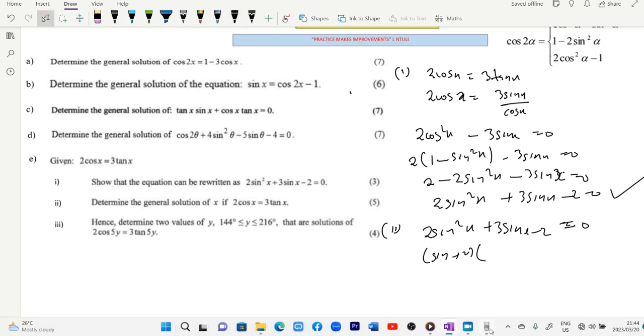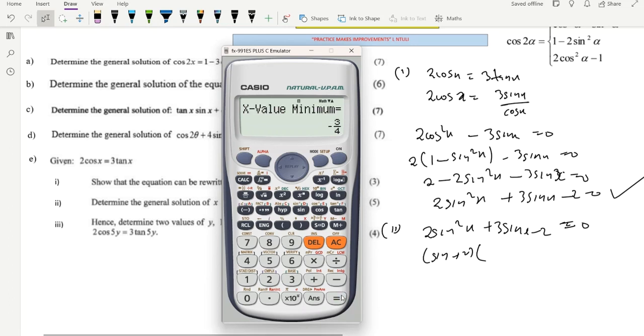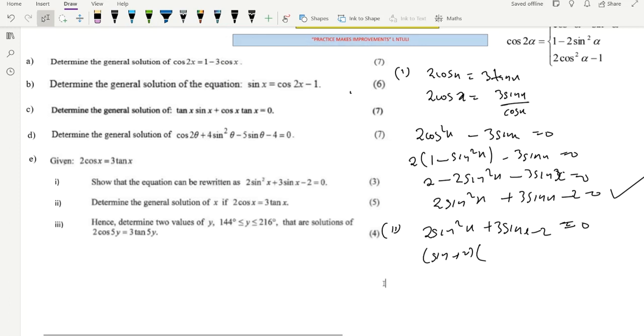Go back to your calculator again. Equal sign negative 1 over 2. Okay, let's check. We said the first one is 1 over 2. Then 1 over 2, remember to cross multiply, will be 2 sine x plus 1 equal to 0.